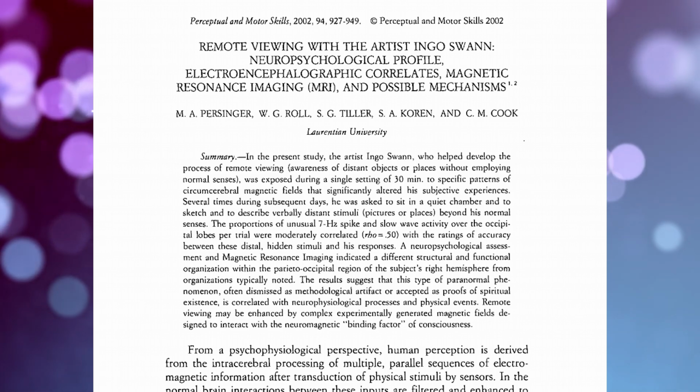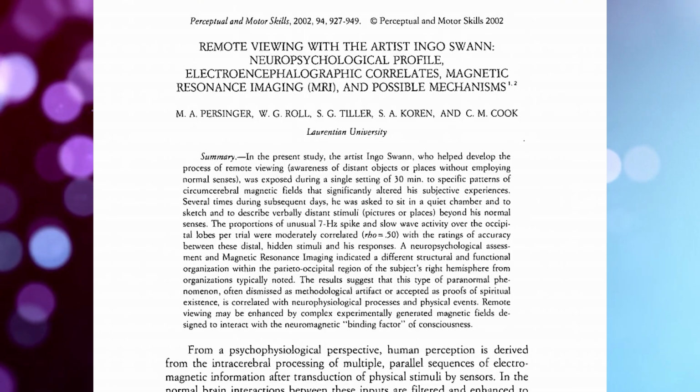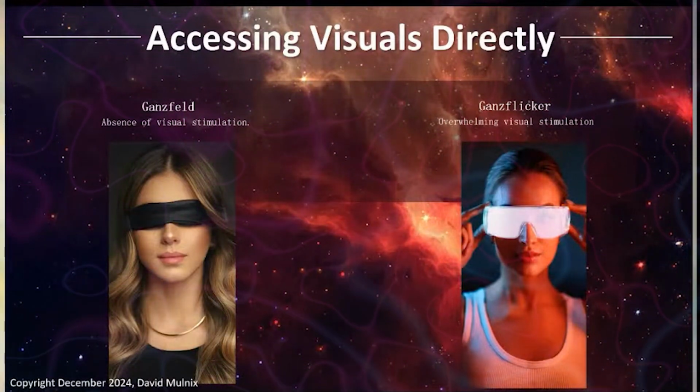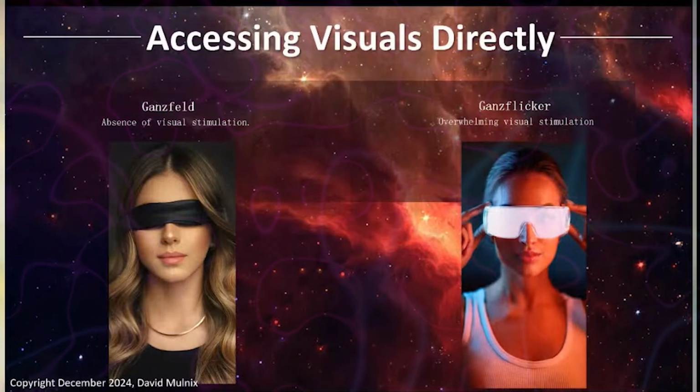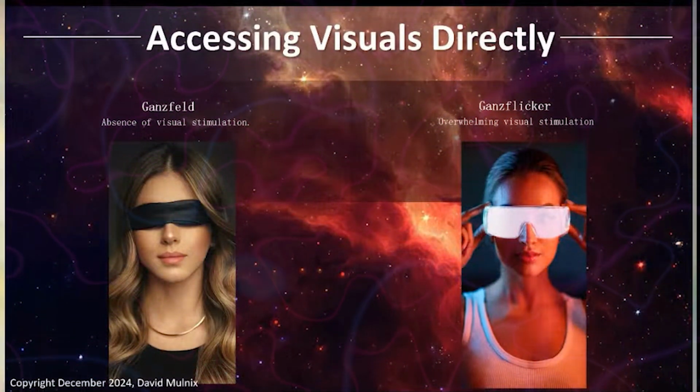Persinger would study his brain, and there was one part of his brain that went into the alpha state when he was getting good data. So I find it somewhat interesting that the flicker rate that's more optimal to produce these visual stimulations for a person is in the alpha state.